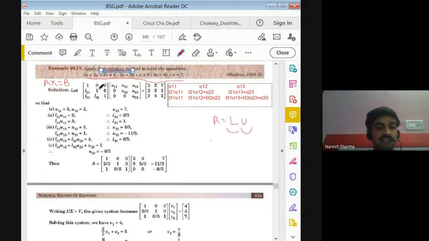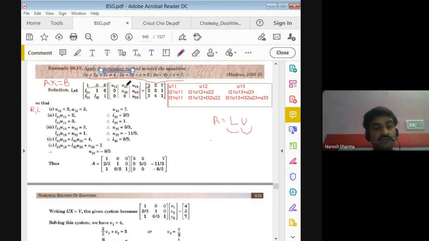So for that, in the first step, you can use the first row of your L matrix. Now we fix this and multiply it with the first column, second column and third column. When you multiply the first row with the first column, it gives the 1 1 position.